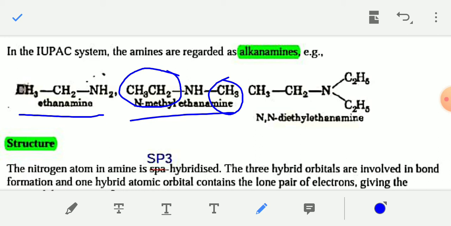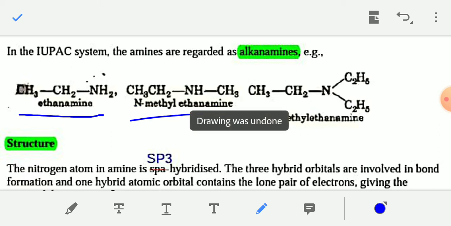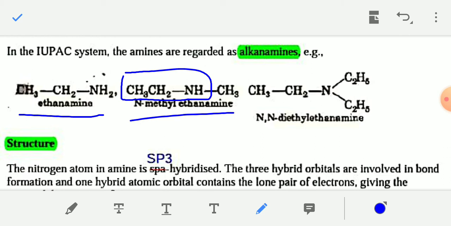During naming of this compound, first you have to take the longest chain. Take one alkyl group as main chain, which is ethyl, the longest chain, and you write the name of amine according to this, ethanamine.